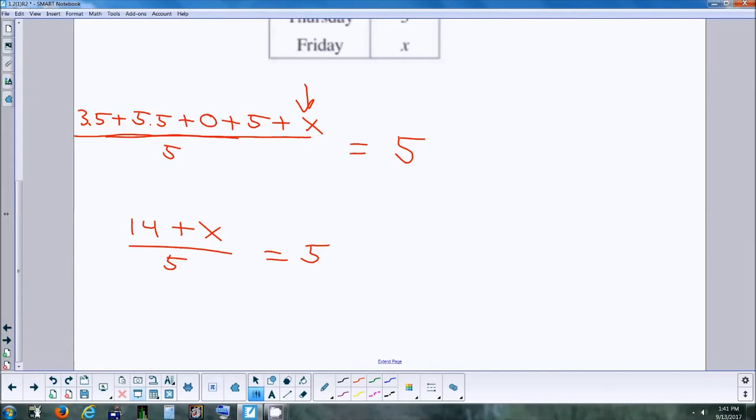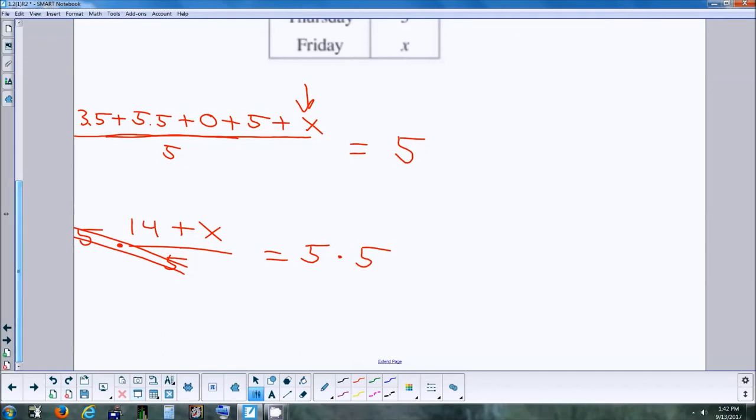So the first thing we'd like to do is get rid of that fraction. So we're going to multiply by 5 on both sides. What happens when you divide by 5, multiply by 5? It cancels out. Yeah, that's still a fraction, even though there's more than one term on the top.